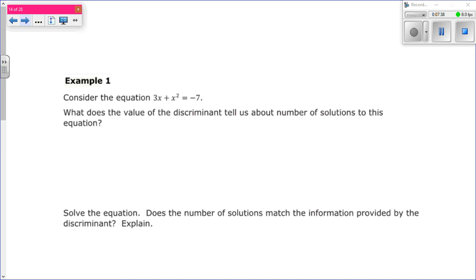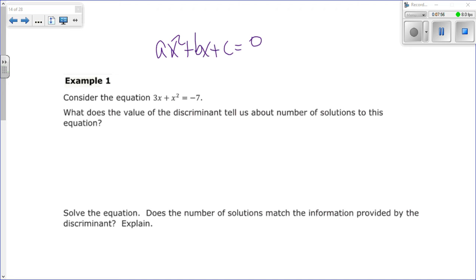So consider the equation 3x plus x squared equals negative 7. What does the value of the discriminant tell us about the number of solutions to this equation? First thing we have to do is get it into ax squared plus bx plus c equals 0 form. Get it in standard form.